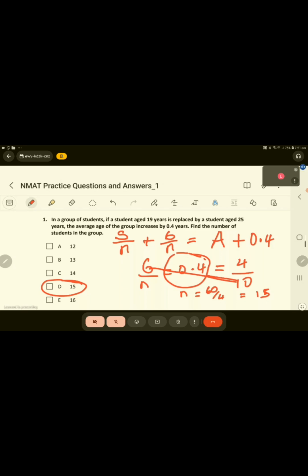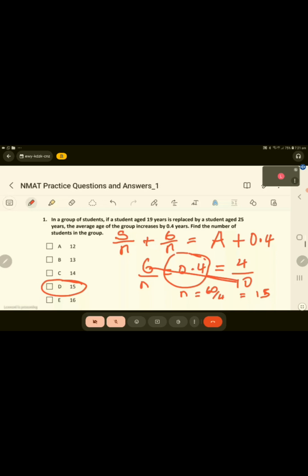If we increase the amount they are sharing, the number of people sharing is still the same, so they are now going to share that new lump of money given to them. So the extra money they are getting is a result of that new fund added. So 6 over n is responsible for 0.4. 0.4 is 4 over 10. We solve to get n. n is 15.